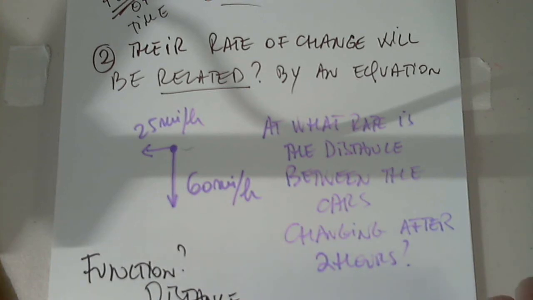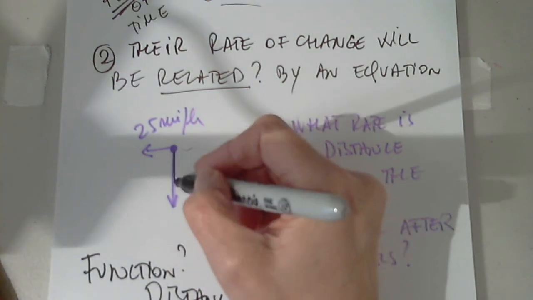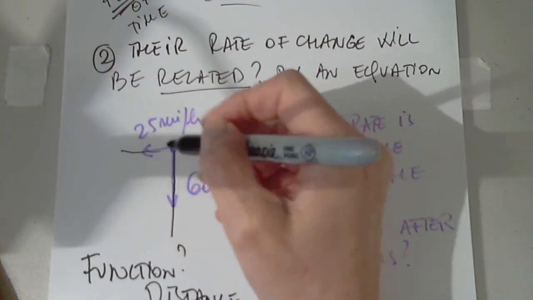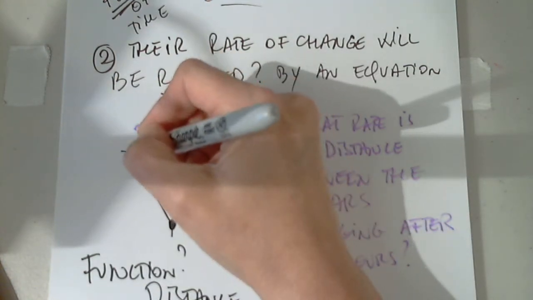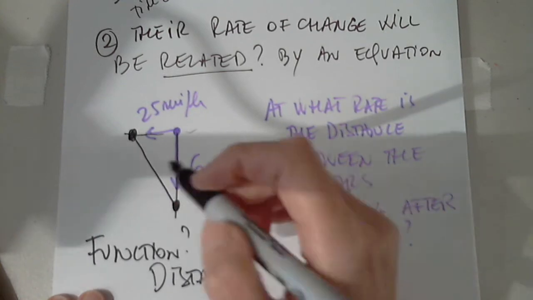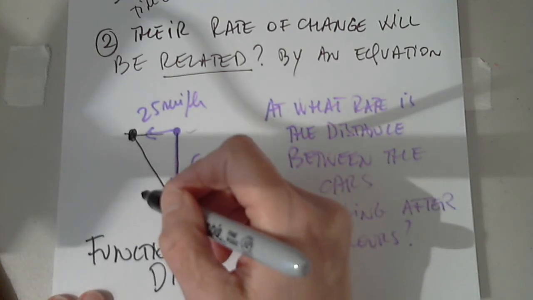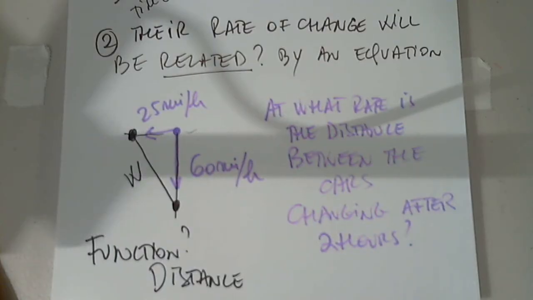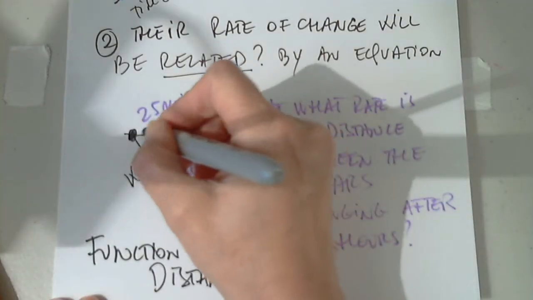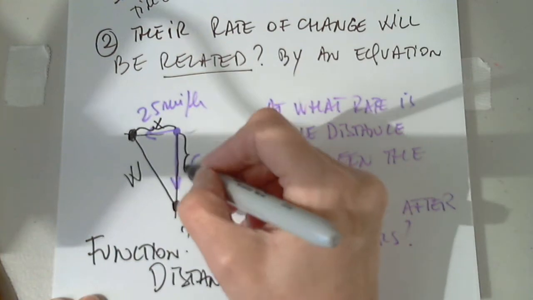Which distance? So let's suppose that this is in a particular instant, and this will be the distance between the two. I don't want to call this d, because when I differentiate, I don't want to write dd, so I'm going to call it w. I'm going to call this x, and I'm going to call this y.